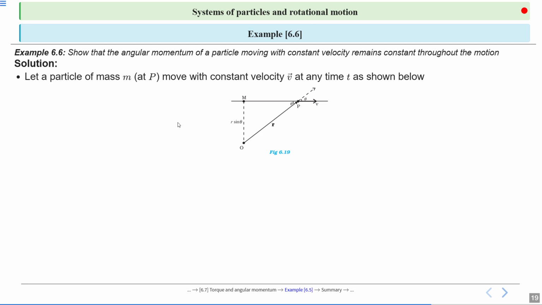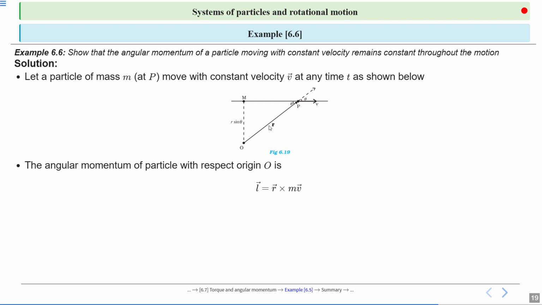Here we consider a particle of mass m at point P, and this moves with constant velocity v at time t. The position vector from the origin is r.